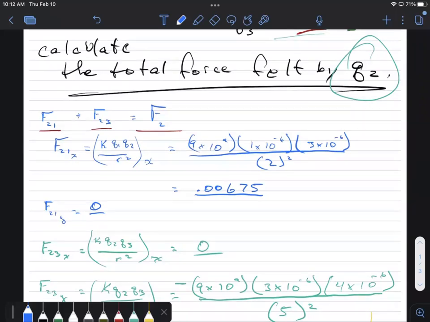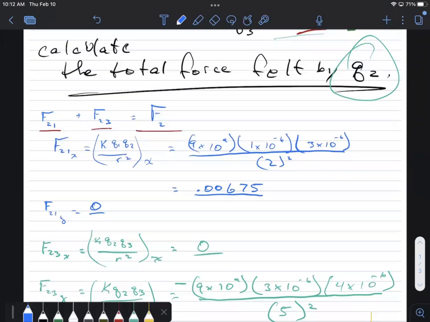I say this force can have an X component and a Y component because we're dealing with vectors. So the force on 2 due to 1, forgetting all about 3 doesn't exist. Well, of course, we have an equation for the force on 2 charges. So I plug my numbers in for those 2 charges.